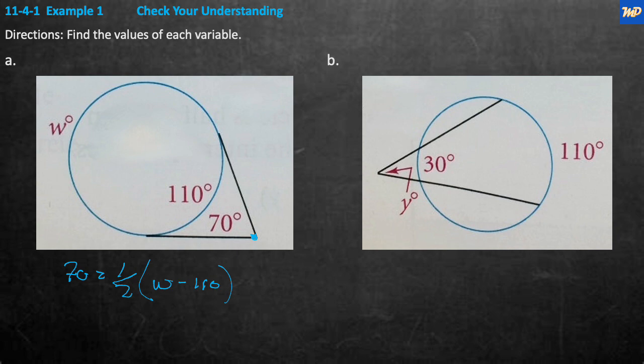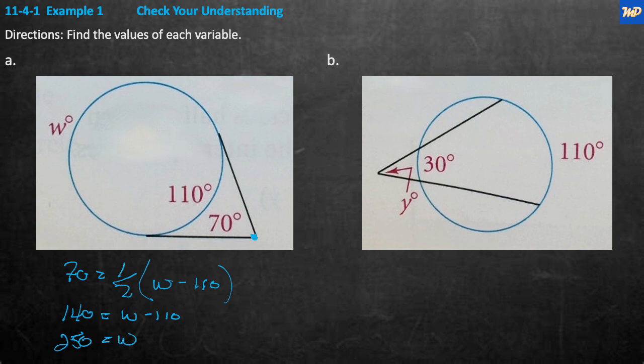So we have W minus, the outer one minus the inner one, W minus 110. Now we're going to clear the half from both sides. So we're going to have 140 equal to W minus 110. We're going to add 110 to both sides. So we get 250 is equal to W. So for problem A, W is 250 degrees.